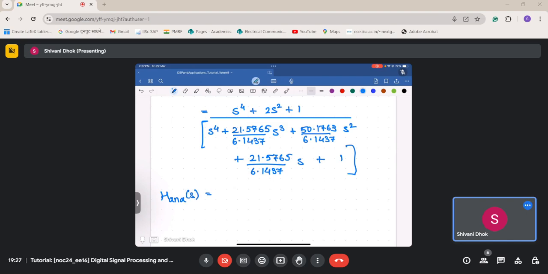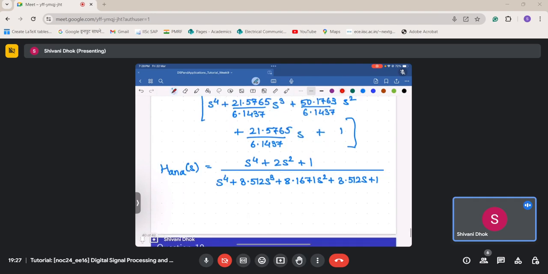to be equal to S to the power 4 plus 2S square plus 1 divided by S to the power 4 plus 3.512 S cube plus 8.1671 S square plus 3.512 S plus 1.